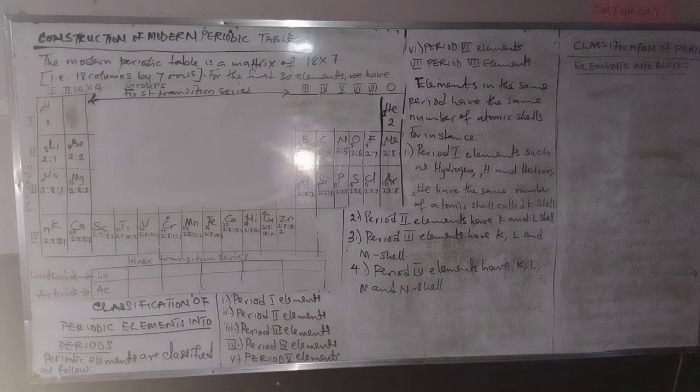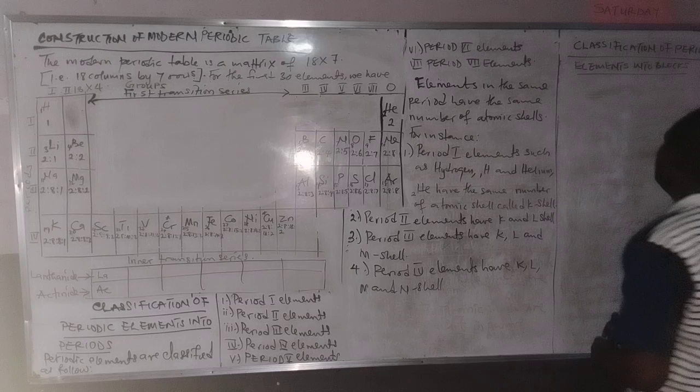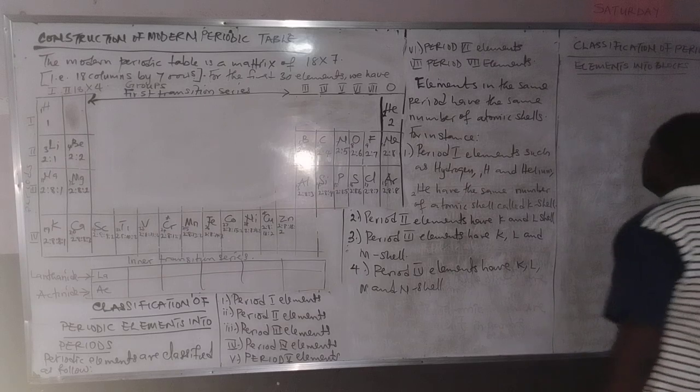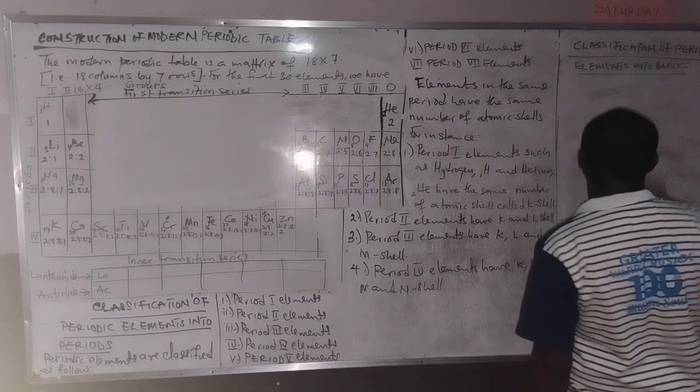What are the S block elements? Group 1 and group 2 are called S block elements. Why are they S block elements? Because the distribution of electrons in their atoms ends in S orbital. Now take note of this.